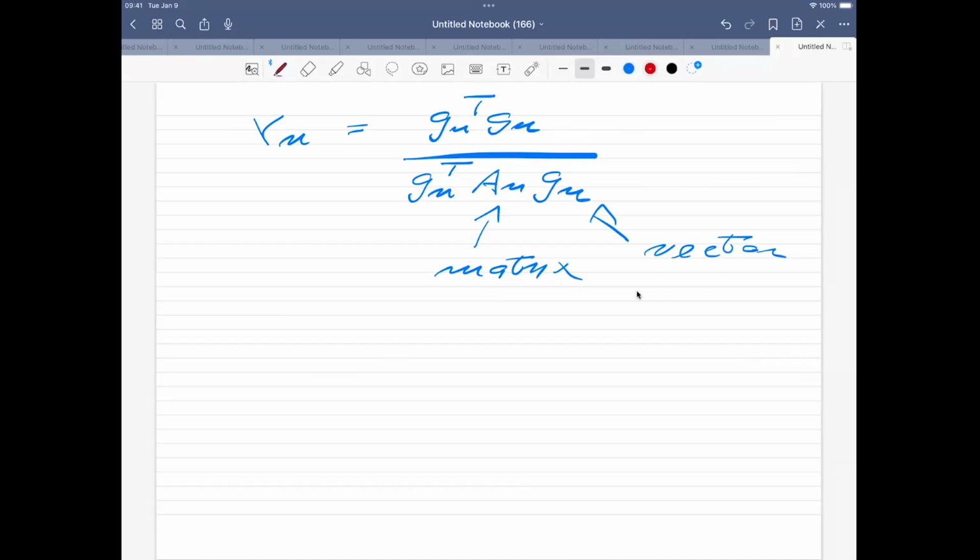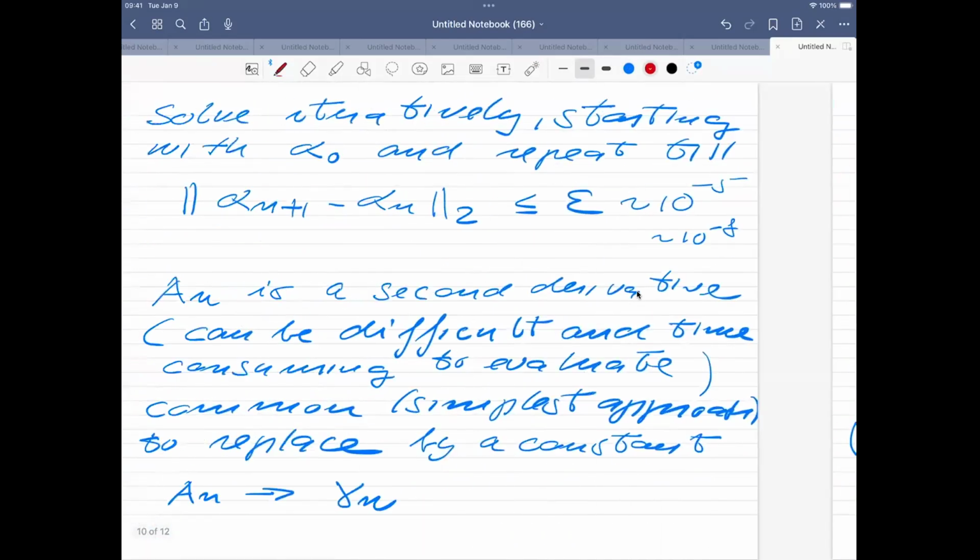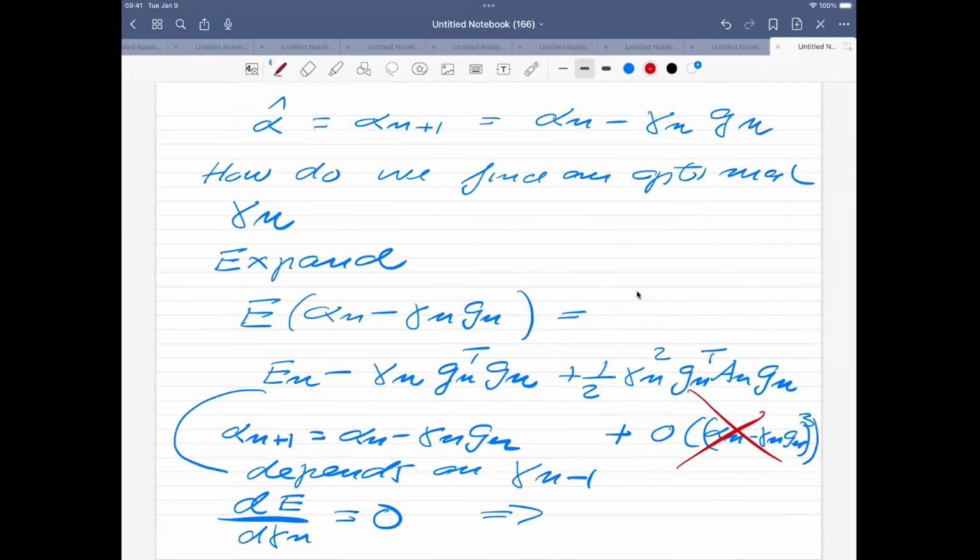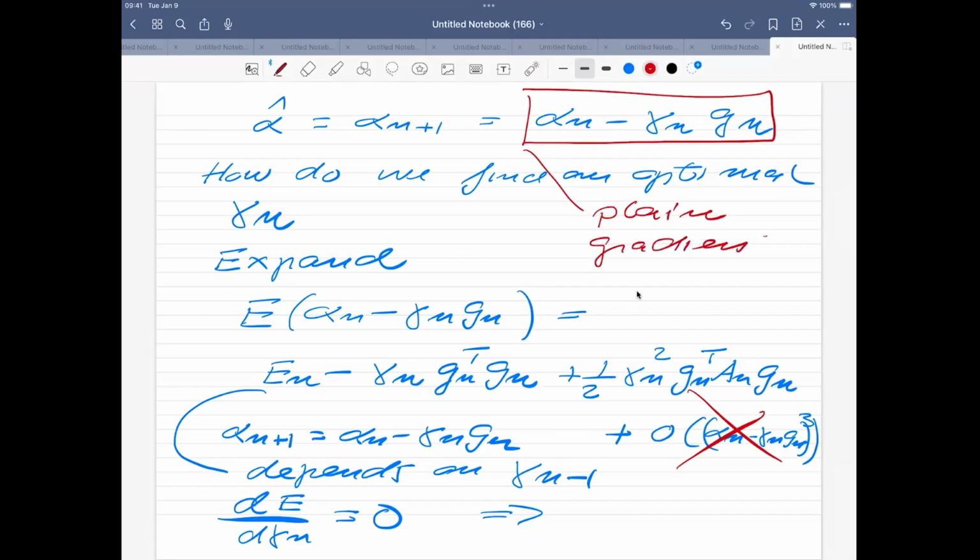This is actually a method in optimization theory, which has its name, and this is called the steepest descent. It is one of these famous methods. If I just keep a constant rate here, replacing gamma with a constant, that is just called plain gradient descent.